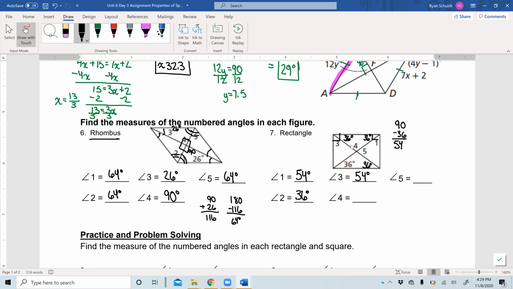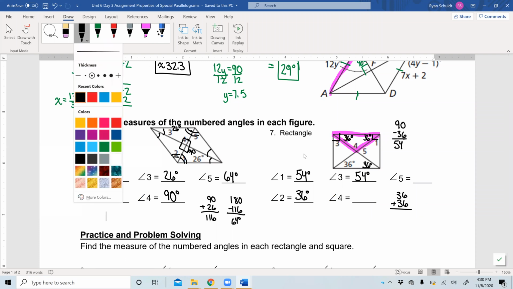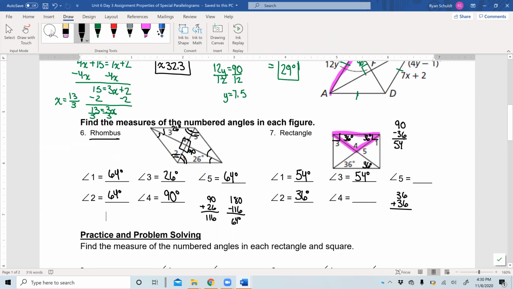So now that leaves us with angle 4 here. Well, to get angle 4, let's focus on just this triangle right here. 36 plus 36, and subtract it from 180. 36 and 36 is 72. Subtract that from 180.